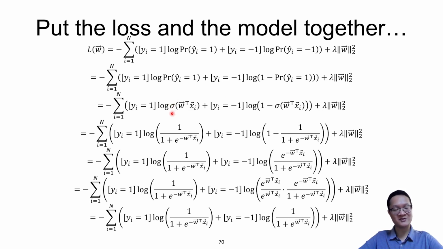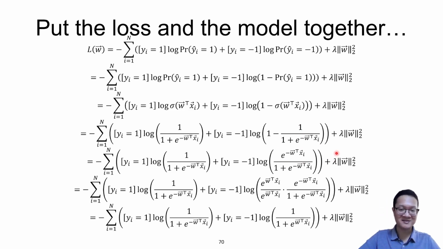Next, we plugged in the function sigma, which is just 1 over 1 plus e to the power of negative the argument of sigma, which is W transpose Xi. So we did that in both places that sigma appears. Okay, next we simplified this expression a bit by putting everything into common denominators. We get a 1 plus e to the power of minus W transpose Xi, and the 1 cancels with the original 1 here, leaving us with just e to the power of minus W transpose Xi.